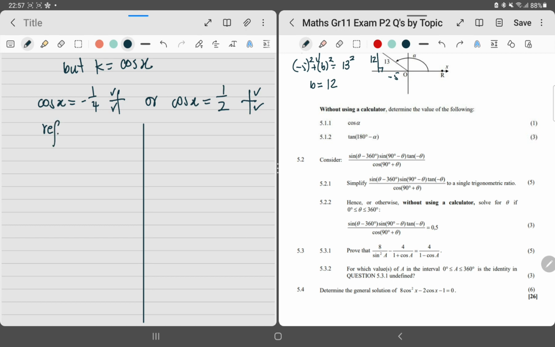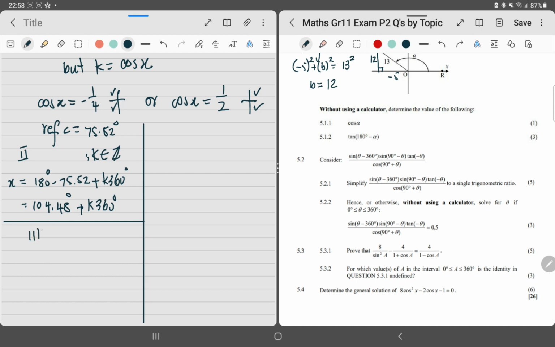So the reference angle is equals to 75.52 degrees. So in quadrant 2, x is equals to 180 degrees minus 75.52 plus k 360 degrees, where k is an element of integers. 180 minus 75.52, so this is 104.48 degrees plus k 360.